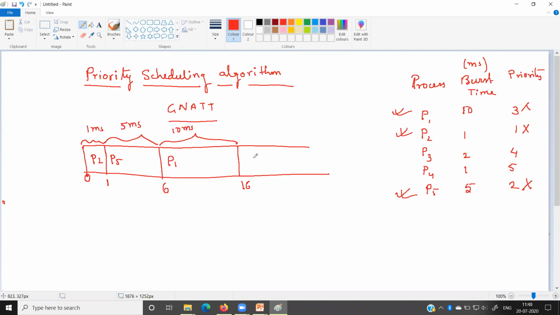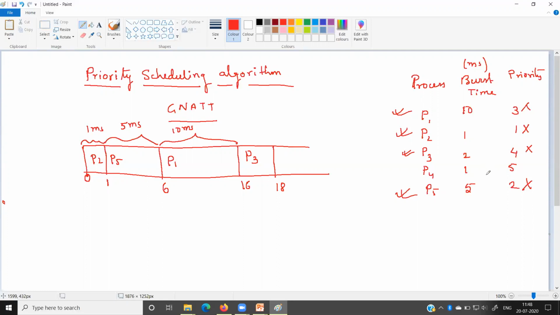So P3 will get the chance first. It will start from 16. Its burst time is 2, so it will take 2 units of time and complete, and the next slot will start from 18. So P3 has completed its job and leaves the ready queue and the CPU.